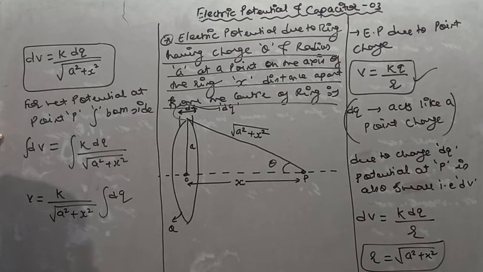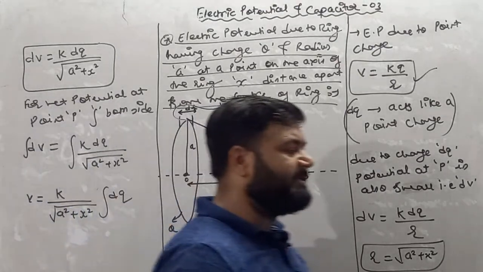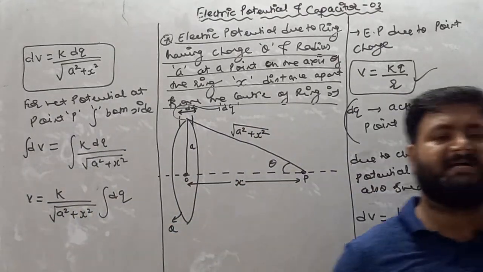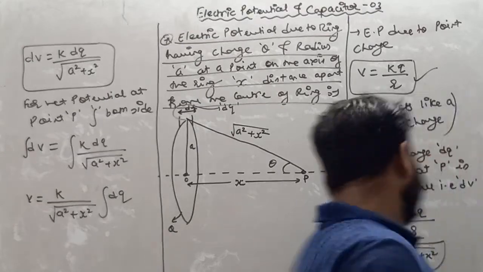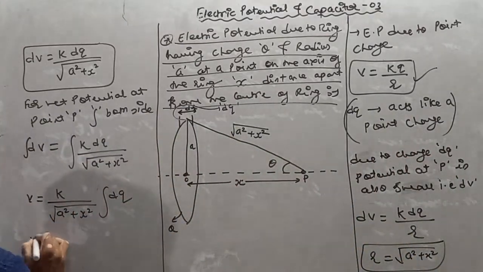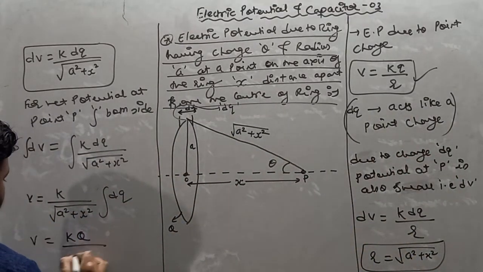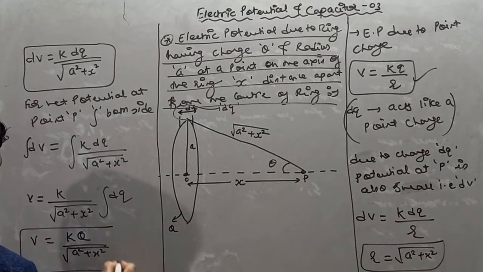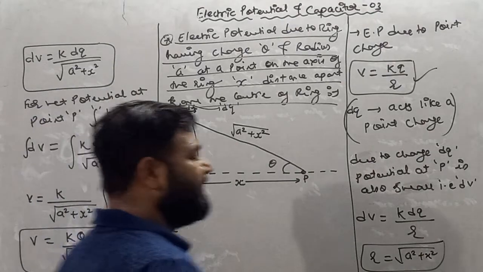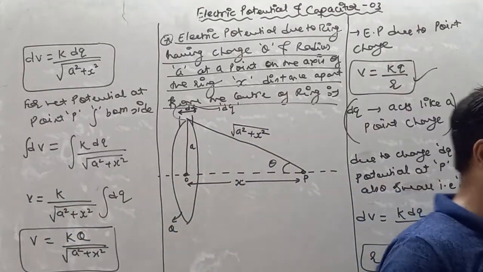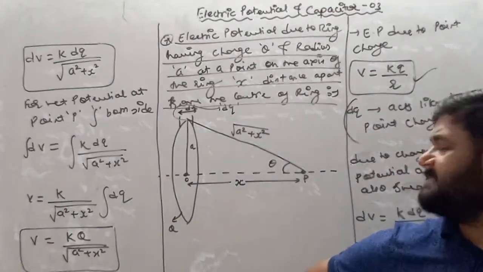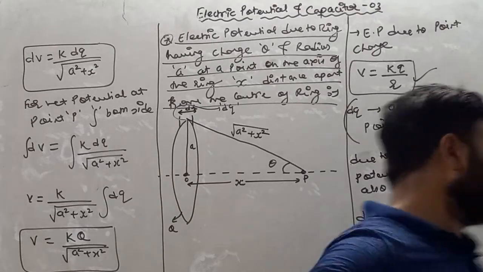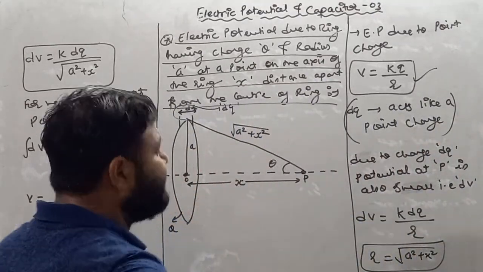And if we integrate dq, it becomes q, that is the total charge present on the ring. So we get V equal to kq by under root a square plus x square. This is the value of electric potential at any point P on the axis of the ring, which is x distance apart from the center of the ring.